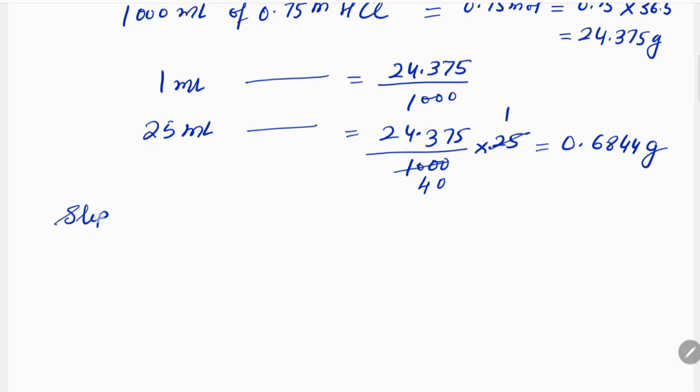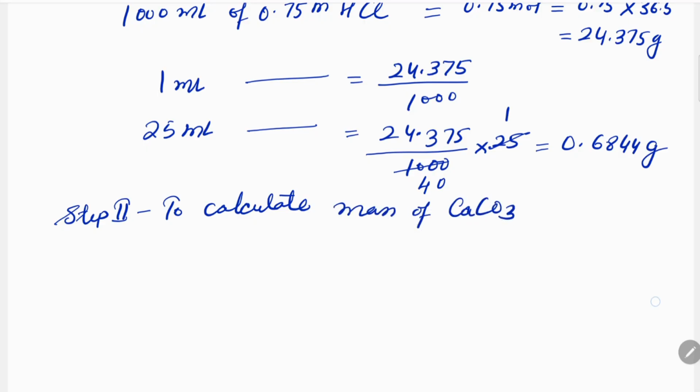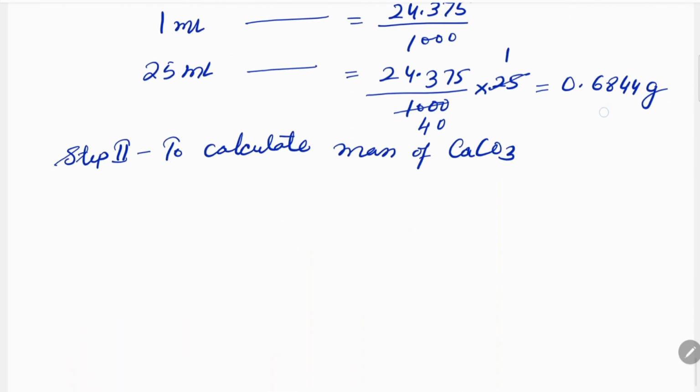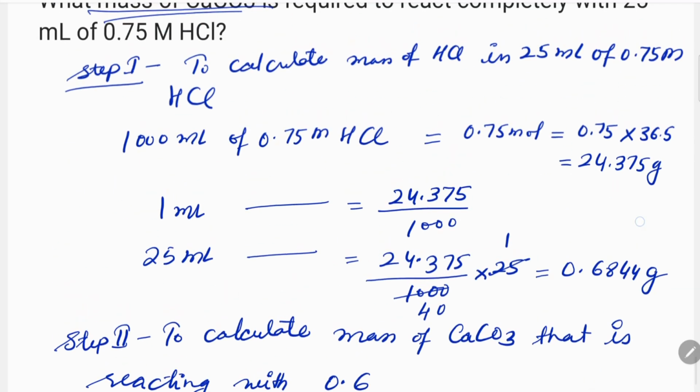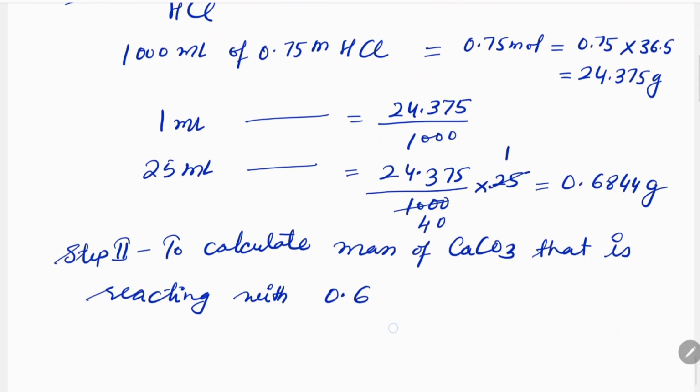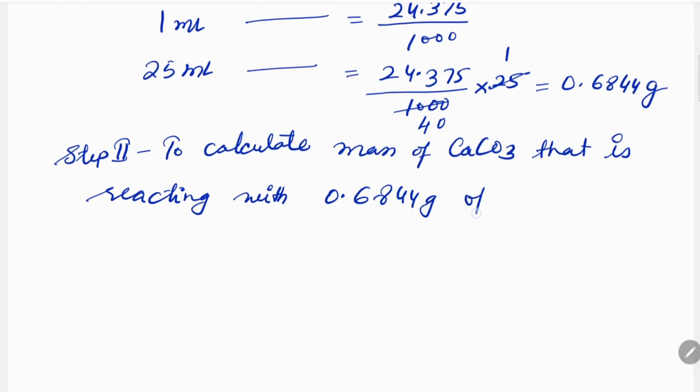Now let's go to step 2. Step 2 is to calculate the mass of calcium carbonate, because over here we have been asked the mass of calcium carbonate that is reacting with 0.6844 gram of HCl.